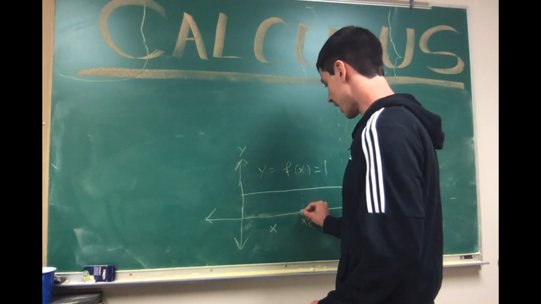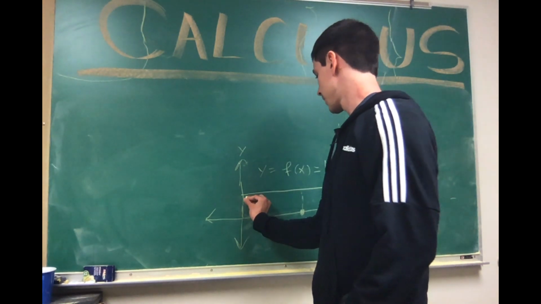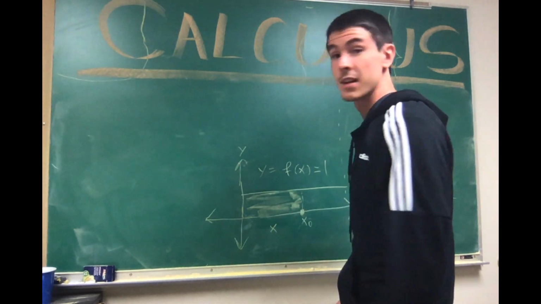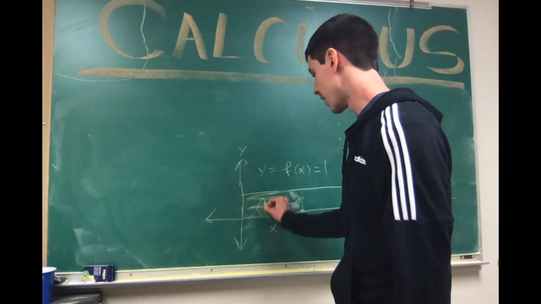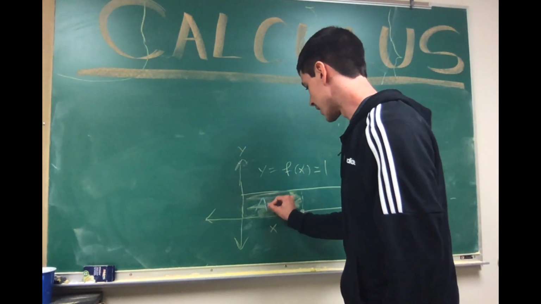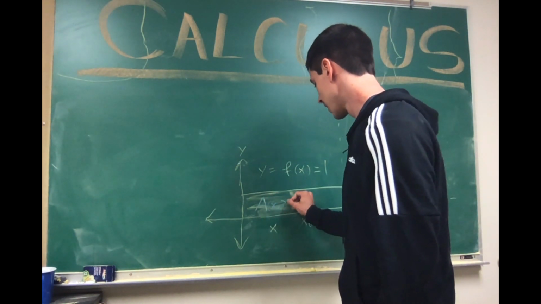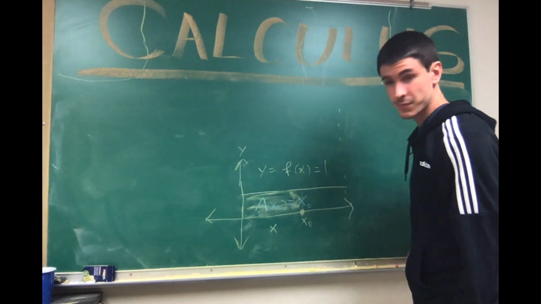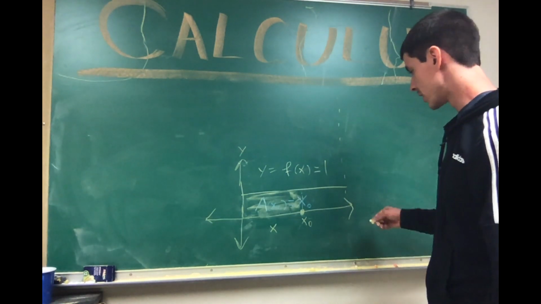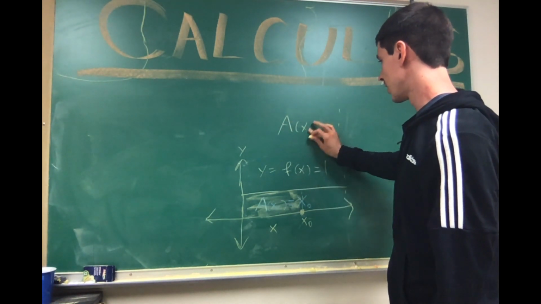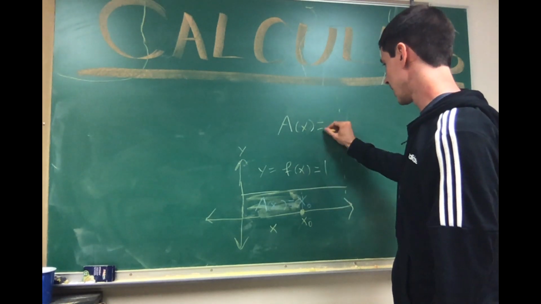And then the area under this curve up to the point x0 is a rectangle with height 1 and base x0. So A of x0 equals 1 times x0, which is just x0. And of course, A of x equals x.